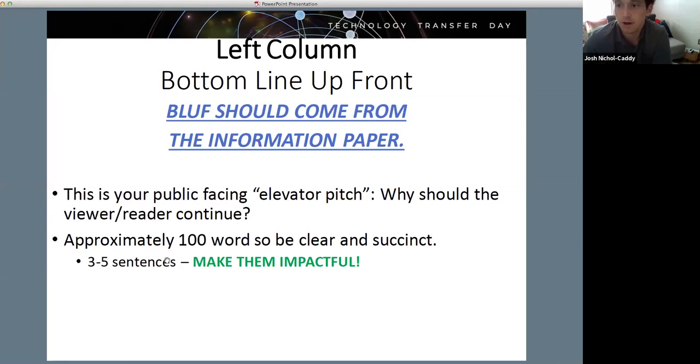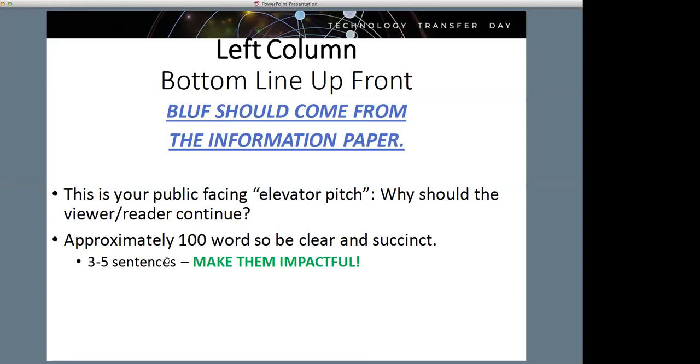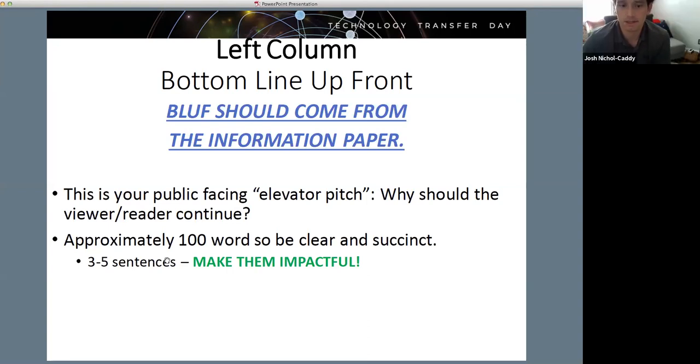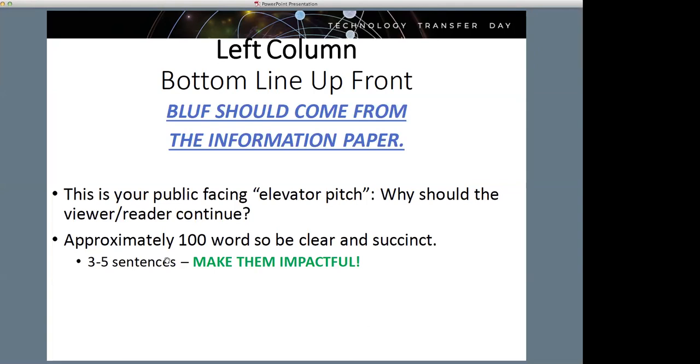I've seen a few over the past week or so that meet these criteria and have been strong, well-stated elevator pitches that make a case very clearly. So I don't think this is a challenge for the group that we have, certainly not, but just make sure that we've refined it and we're really understanding who's going to be viewing the poster, who will be reading the information paper, who my messaging is targeted to.